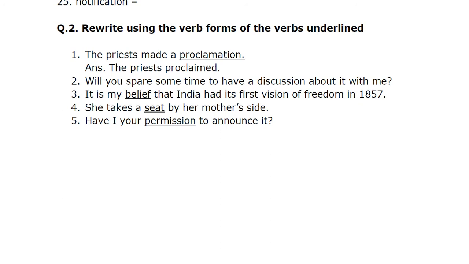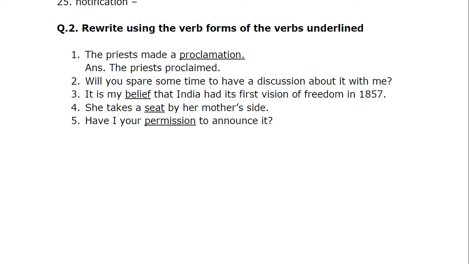So here to discuss, and here it is my belief. So you think of the word, that is your main or root verb. I have taught you a root verb in the seventh. So first think of the root verb and then think whether you should write it in the present tense, past tense or the future tense. Okay, let me read it now.